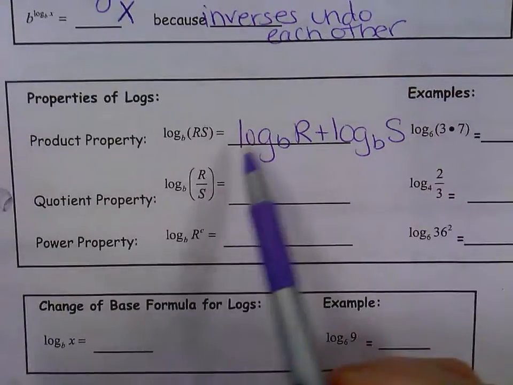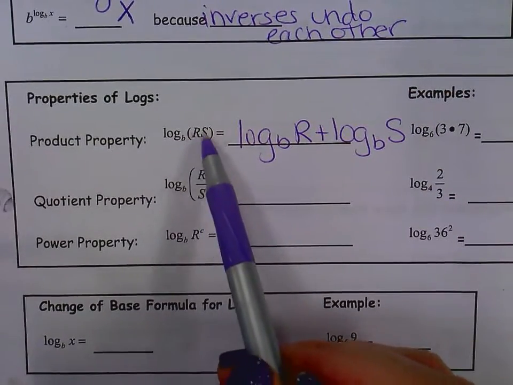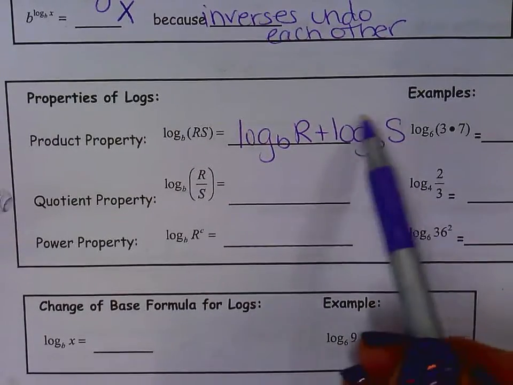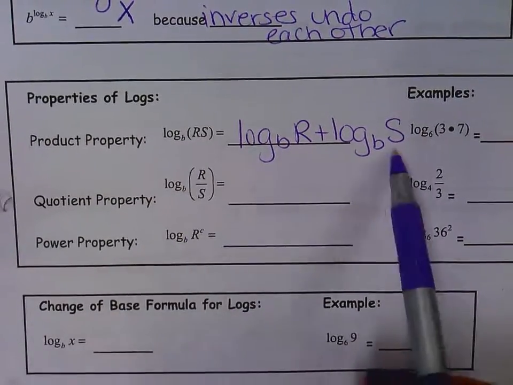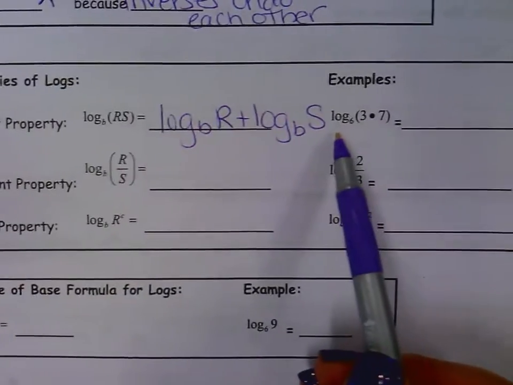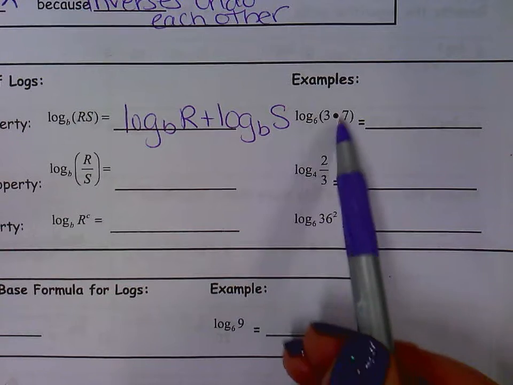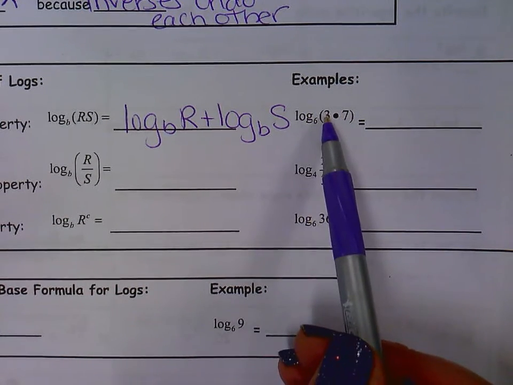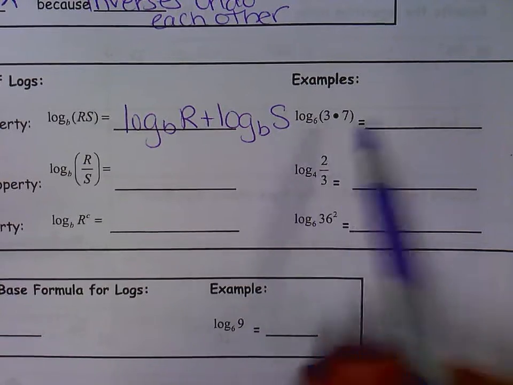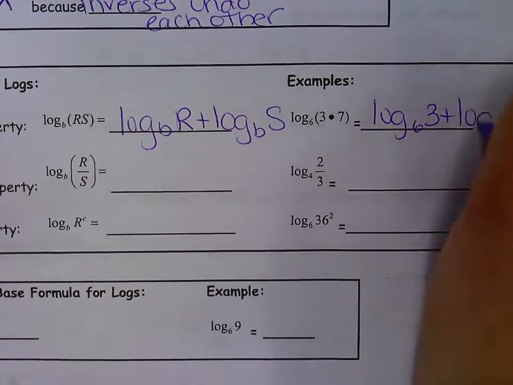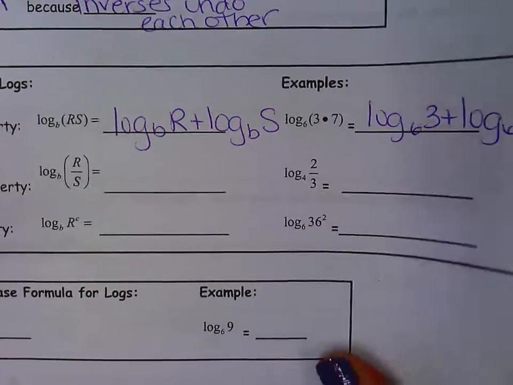Instead of saying r times s, I can say the log of r plus a separate log of s, because the base stays the same. So how could I split up this example? If I had 21 inside a log, I could really say that's the log of 3 plus the log of 7. So log base 6 of 3 plus the log base 6 of 7. You're splitting up multiplication using addition.